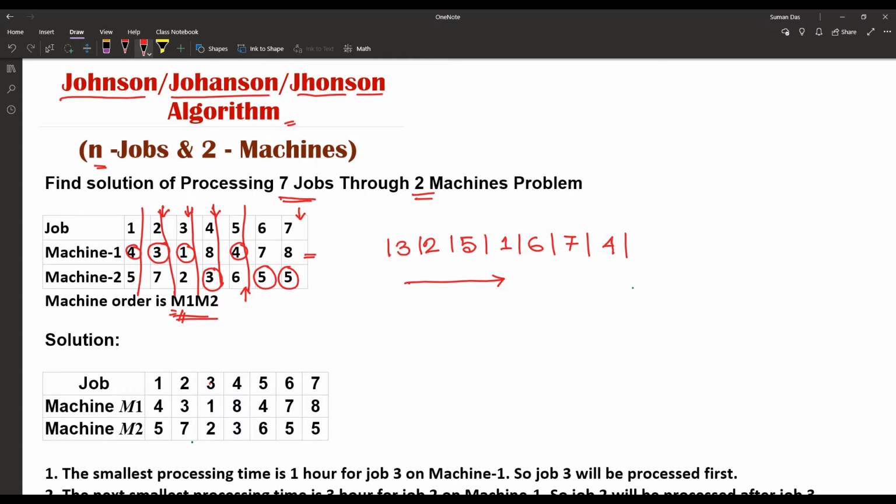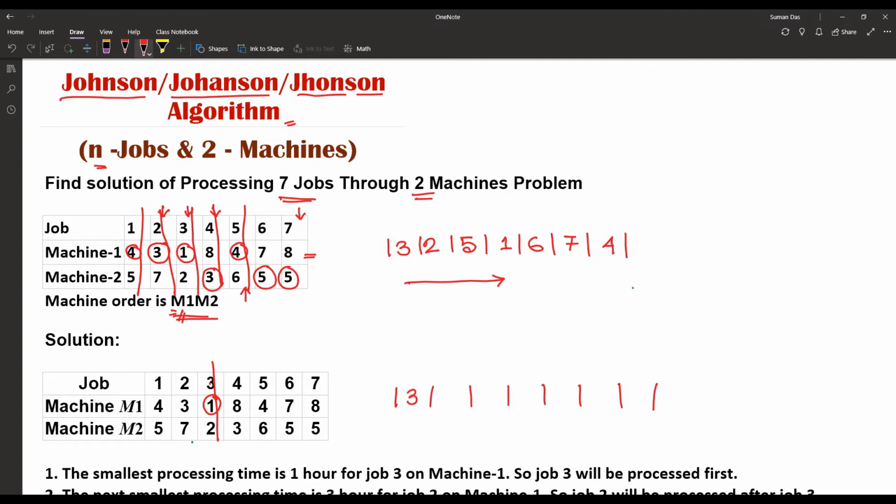In the same problem here, the first step is the same thing. We have to check the minimum processing time. Before that, we once again draw 7 blocks for the 7 jobs. The minimum processing time is 1, so we choose it, and that is for machine 1, so we write 3 first in the sequence.